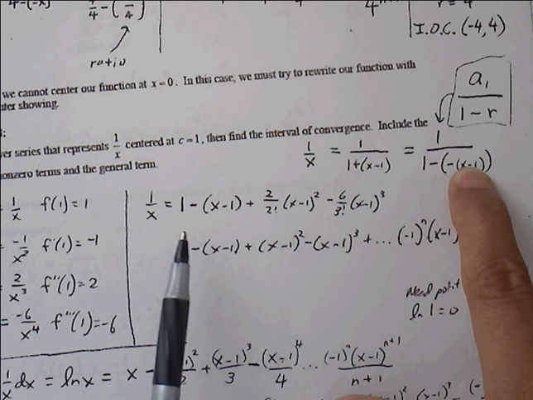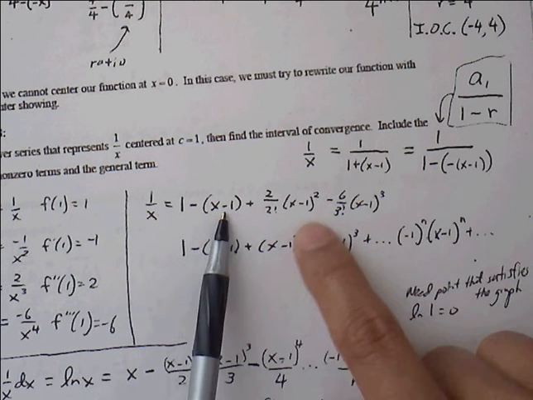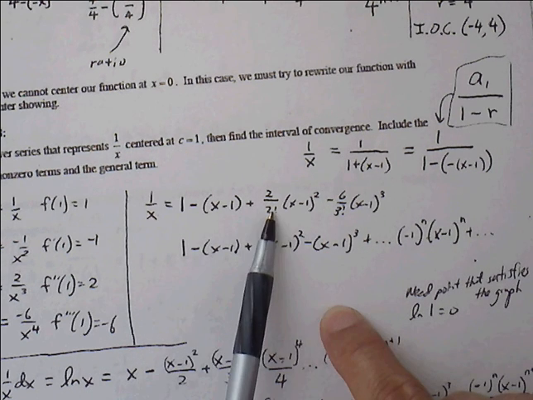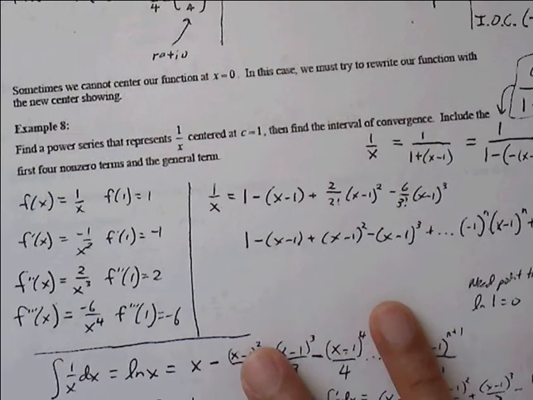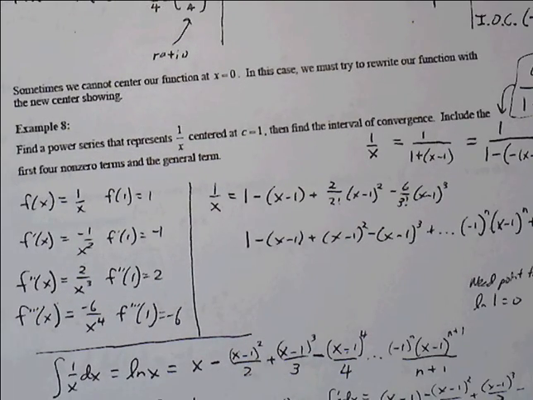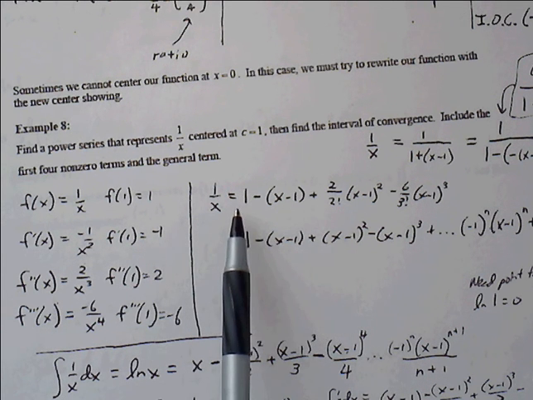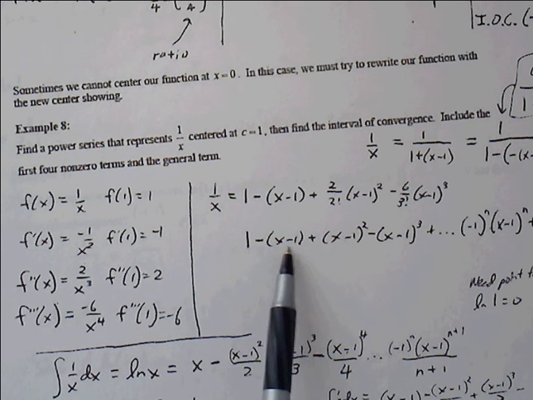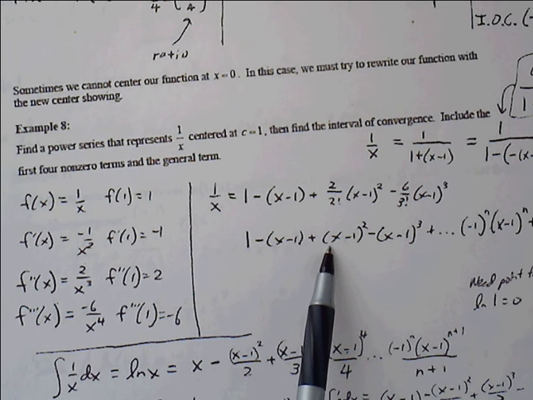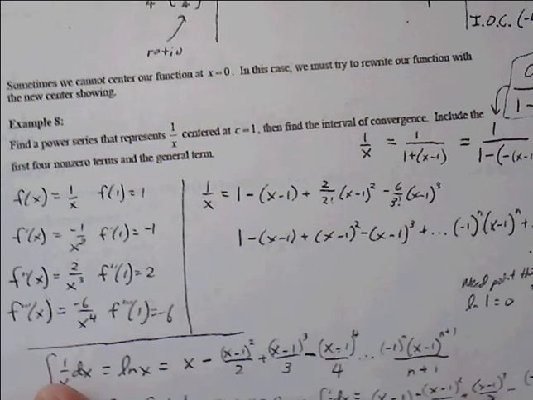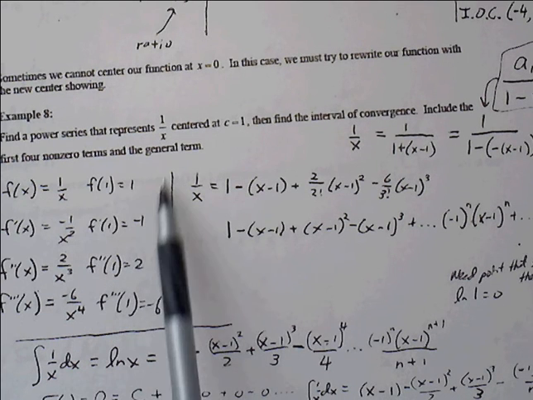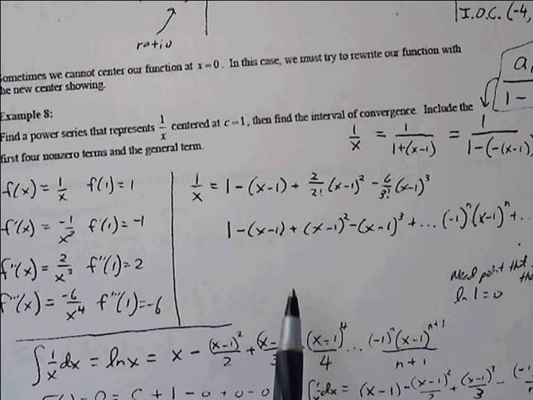And if that's the case, then we can begin to create our series. So 1 over x, the same thing as 1 minus x minus 1 plus x minus 1 squared minus x minus 1 quantity cubed. We can actually use the Taylor series here, Taylor rule, to begin to plug in.